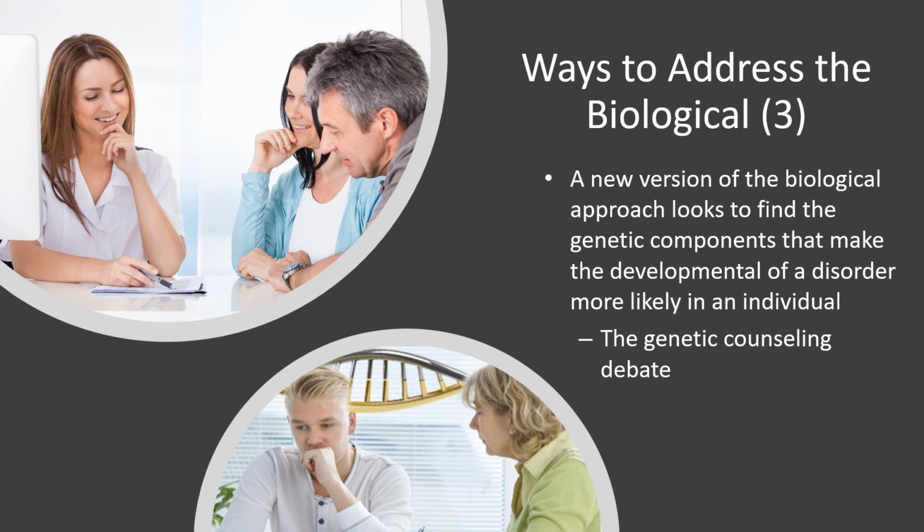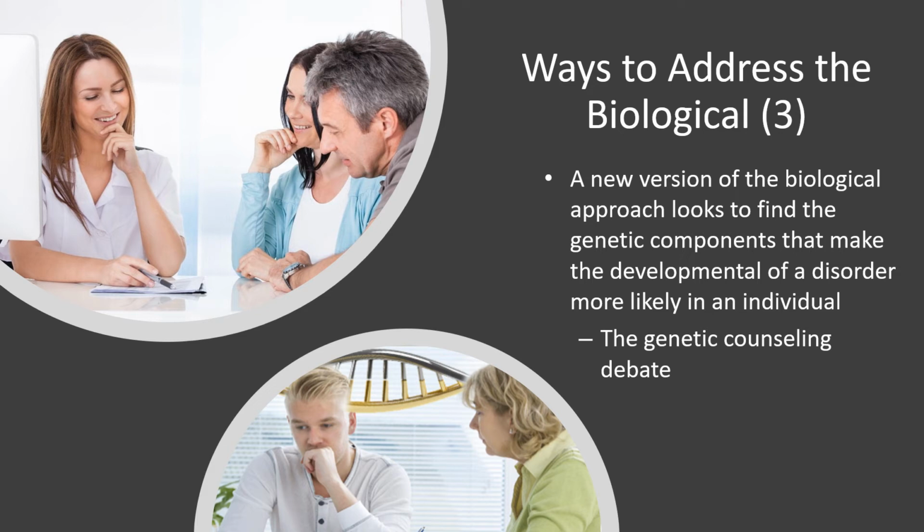A concept called genetic counseling has become a very hot topic of debate over the last couple decades about how we might be able to, when looking at a person's genome, better predict if they have a proclivity for developing anger issues or depression issues or mental health problems, either at their current age or at a later point in life. And what leads to this question of, if we know this stuff, could we develop interventions to help these individuals avoid developing lots of these different problems?